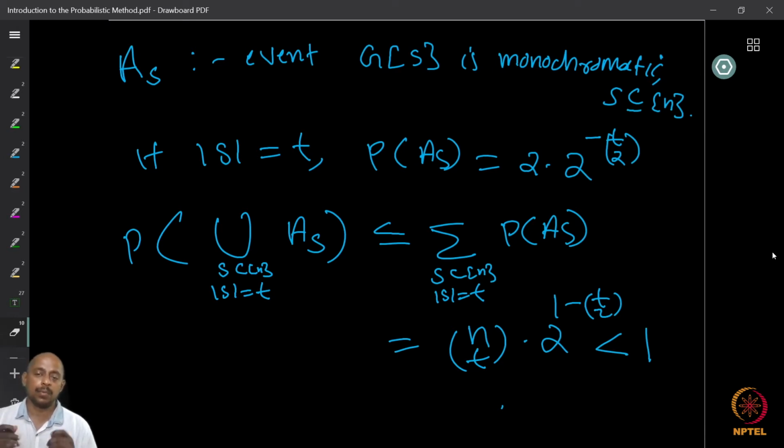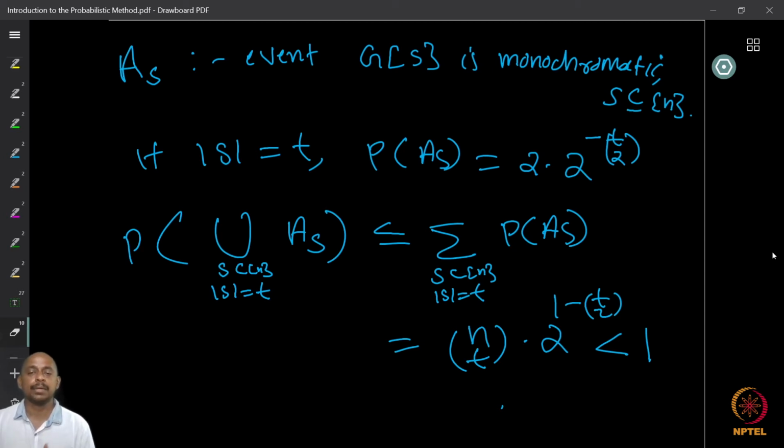Well, for every edge, the probability that it gets a fixed color, red, is 1 by 2. So since there are t choose 2 edges in the graph, 1 by 2 raised to t choose 2 is the probability, because each coloring is independent of the others, so we can multiply to get the probability.